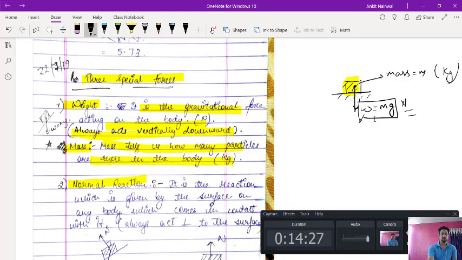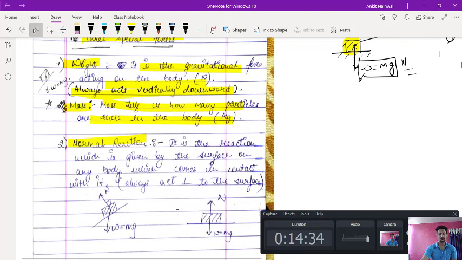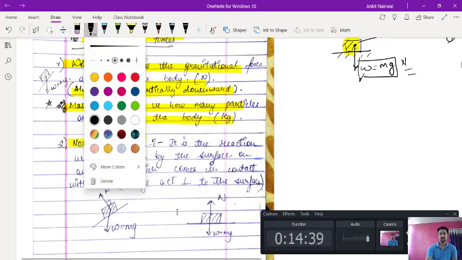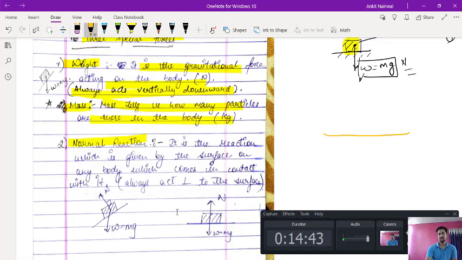Now the other force, that is normal reaction. It is the reaction which is given by the surface on any body, that I have once told you. Suppose this body is kept on this surface, having mass m, and its weight will be acting downward, that is given by W, that is mg.